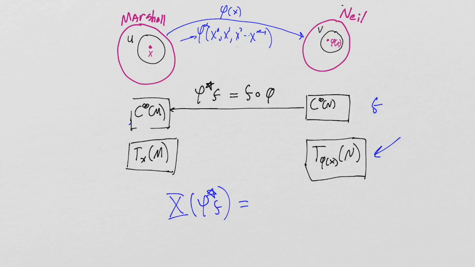And that is going to be called the push forward. And the push forward is symbolized by phi at x of push forward acting on the vector x.